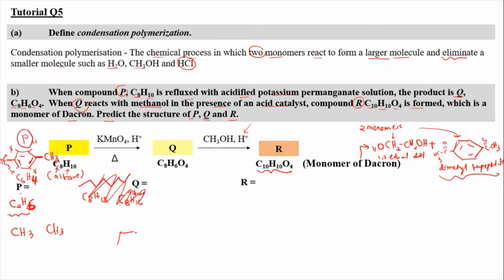Okay, and then you may come up with a different strategy. Maybe you will say, sir, can it be like this? Or sir, can it be like this or like this? For P, only this structure is accepted, because you know that a polymer needs to be continuous on the right hand side and on the left hand side.